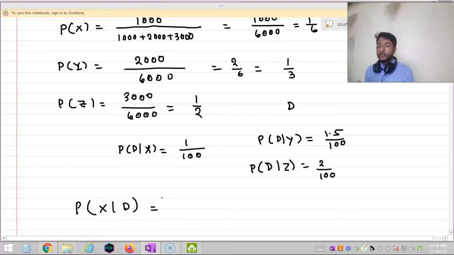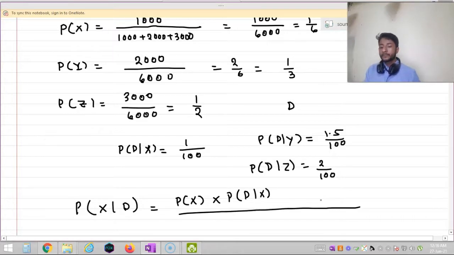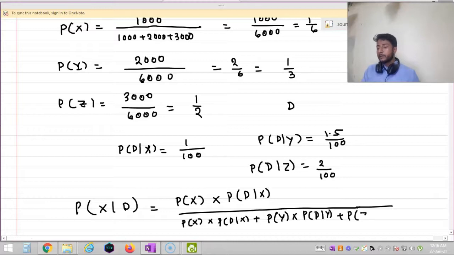From Bayes theorem, I can write it as probability of X into probability of D given X, divided by probability of X into probability of D given X plus probability of Y into probability of D given Y plus probability of Z into probability of D given Z.